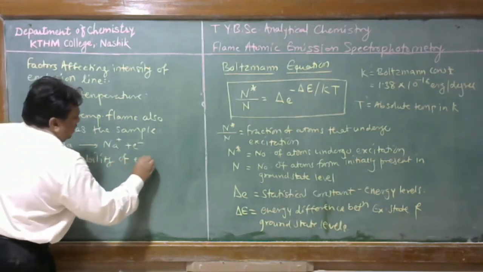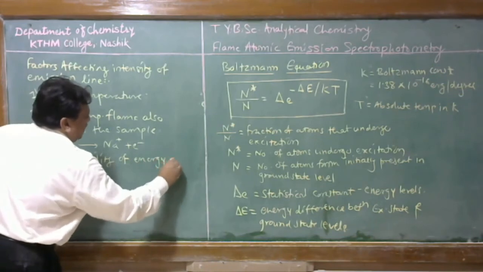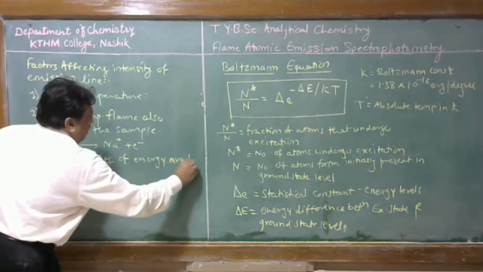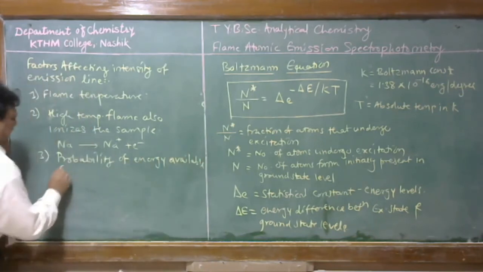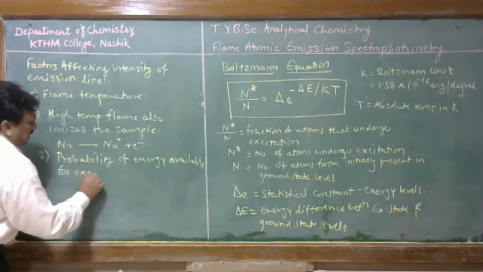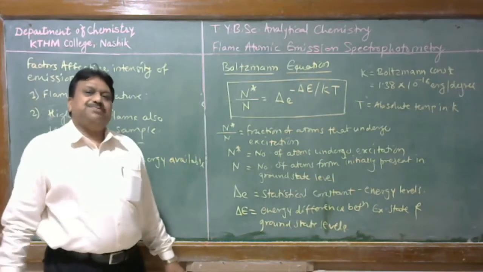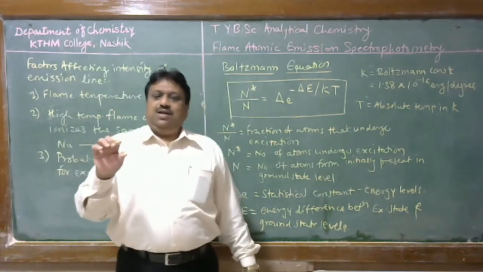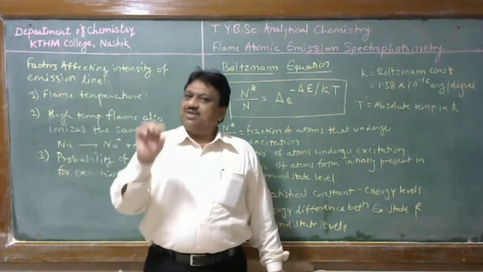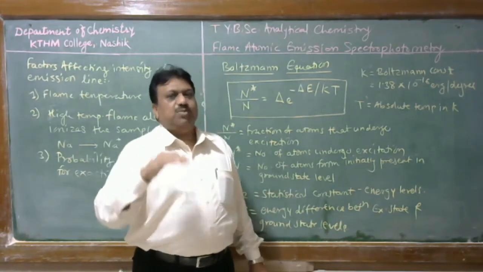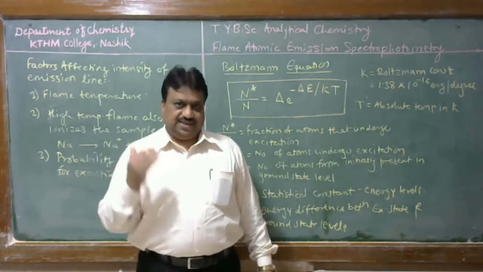of energy available for excitation. Here in this case, the atomic orbitals have a specific energy gap, and the flame must provide that much energy to excite that electron from the ground state level to the excited state level.